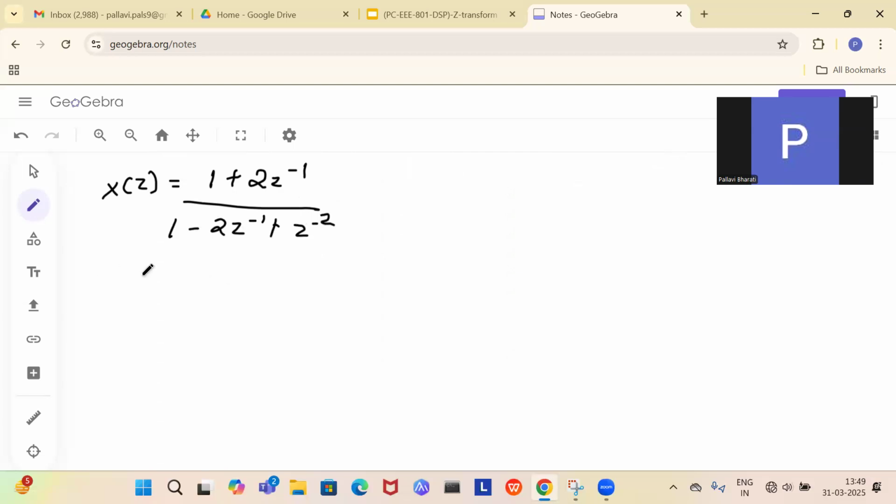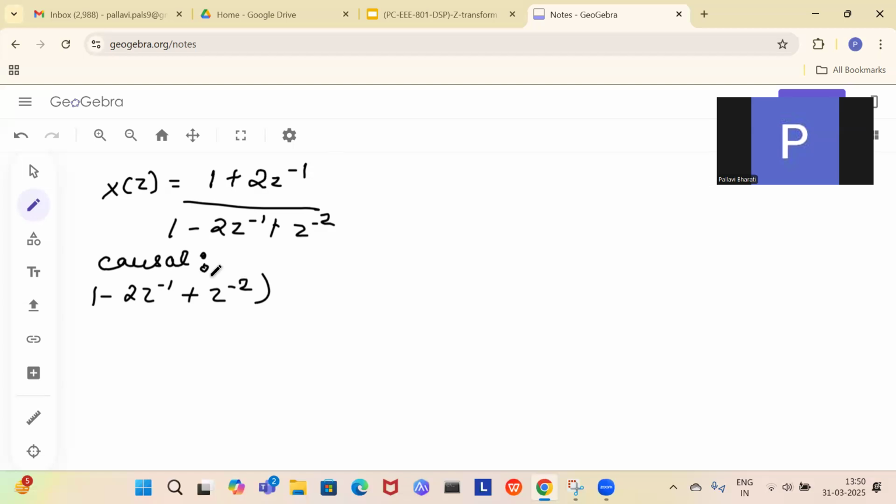While writing this, you have to first write the highest power of z. So here it is z to the power 0, this is z to the power minus 1, and this is z to the power minus 2. I will write it in this sequence only when I am calculating for the first case, that is xn is causal. Right now you are calculating for the causal case.